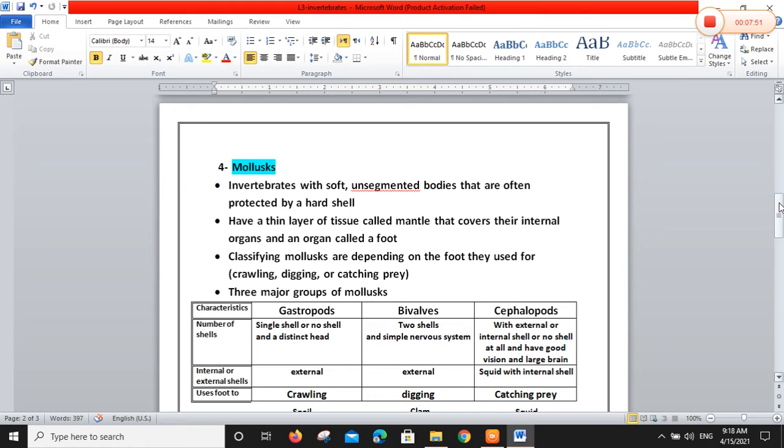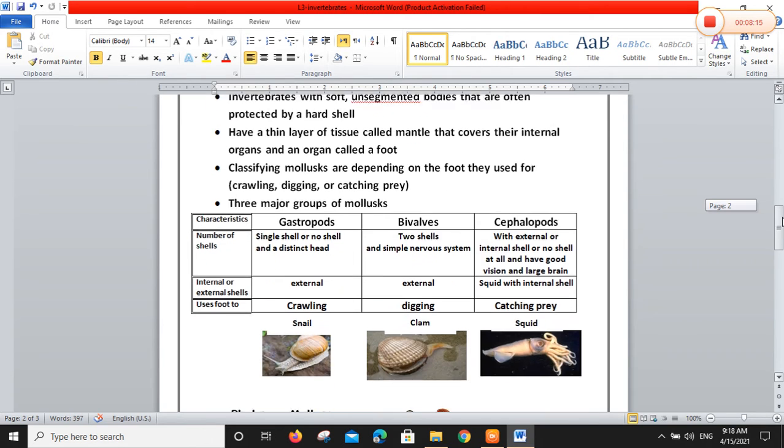We classify mollusks depending on the foot they use for crawling, digging, or catching prey. So mollusks are characterized by a foot. There are three major groups of mollusks.